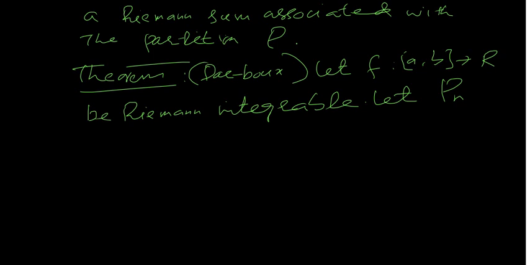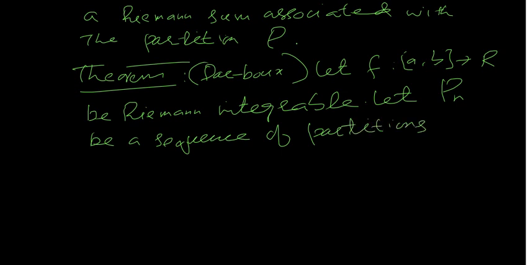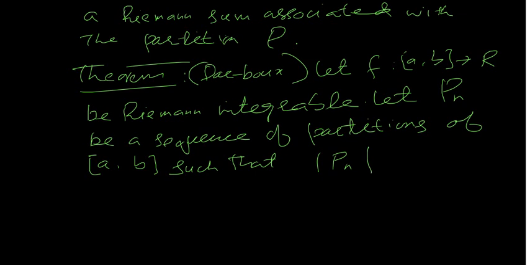So we do not have only one partition, we have a sequence of partitions of the closed interval [a, b], such that the mesh of Pn, the maximum length of the subintervals of Pn, has limit as n approaches infinity equal to 0.